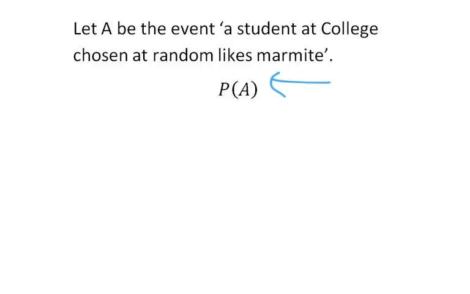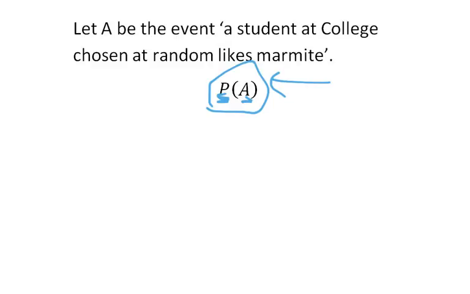Let's say we were thinking about all the students in a college, and we chose a student at random, and we let A, capital A for events, be the event that a student at college chosen at random likes Marmite. So it might be fairly intuitive. The notation P(A): P is the probability, and inside the brackets is the event.